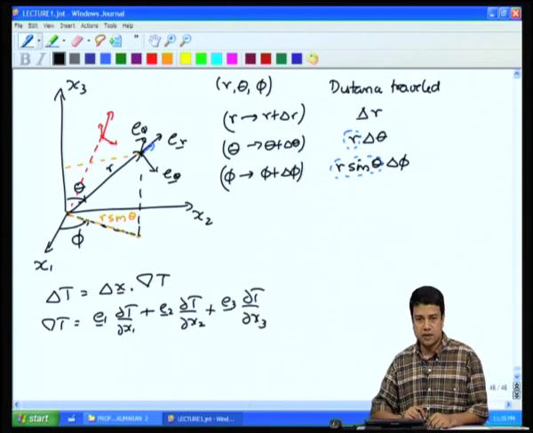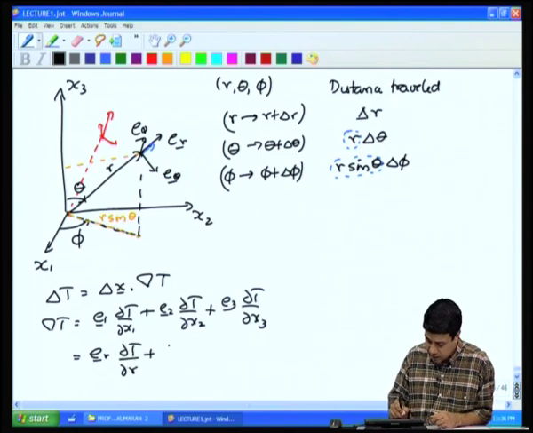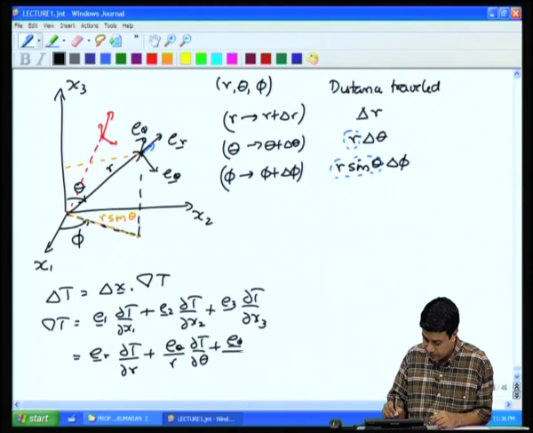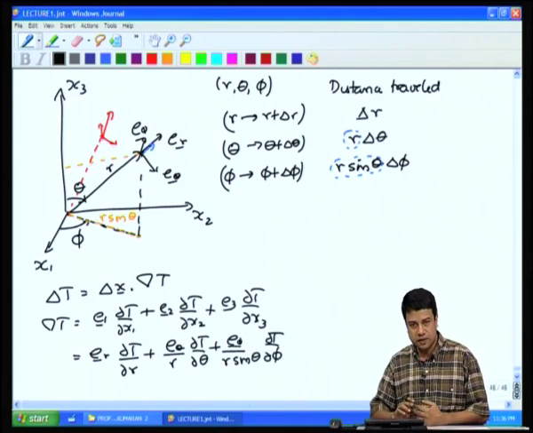But in this coordinate system, I have to use scale factors, because if I write it in terms of r, theta and phi, these are not distances. So, I have to define this as e_r partial T by partial r plus e_theta divided by r partial T by partial theta plus e_phi by r sin theta partial T by partial phi, because when I move a small distance delta phi, the distance travelled is actually r sin theta times delta phi.